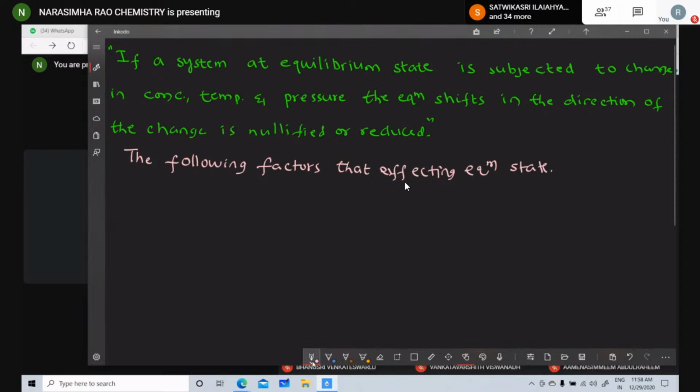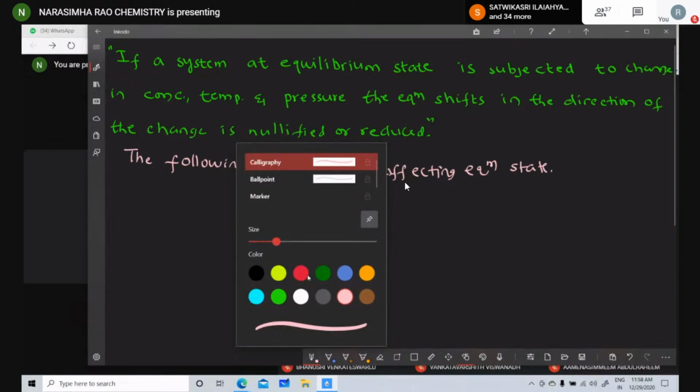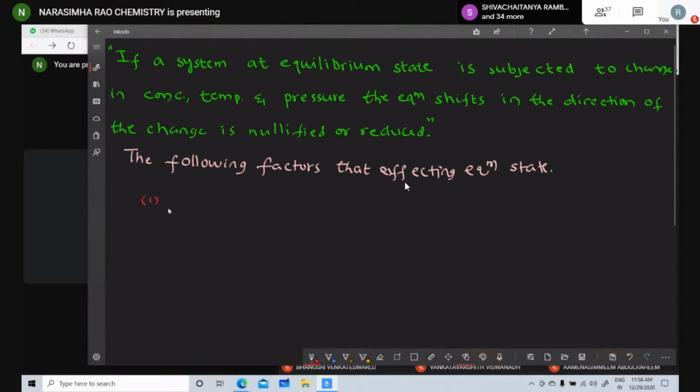So the first one is concentration. Second one is temperature. Third one is pressure. Fourth one is catalyst. Fifth one is addition of inert gas.